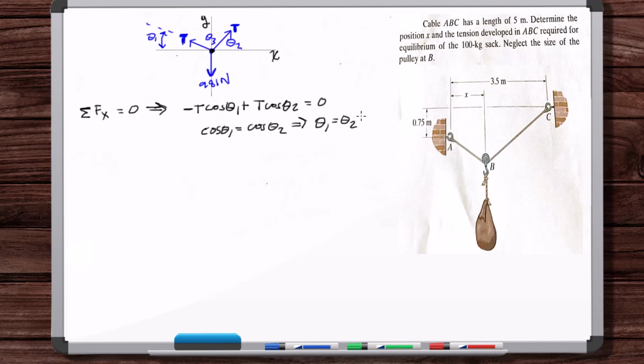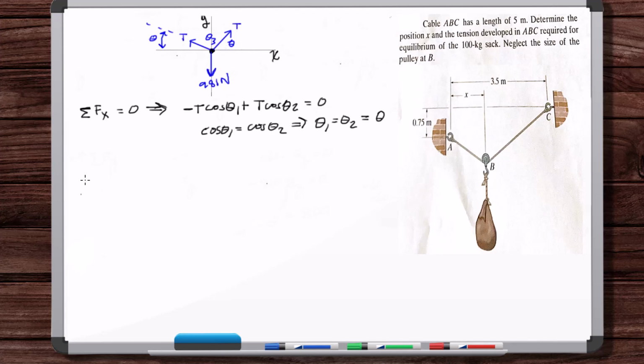So let's just call this theta, and we'll adjust the diagram here. And actually, let me rewrite these T's as well. So this is theta, and we've got T. Okay.